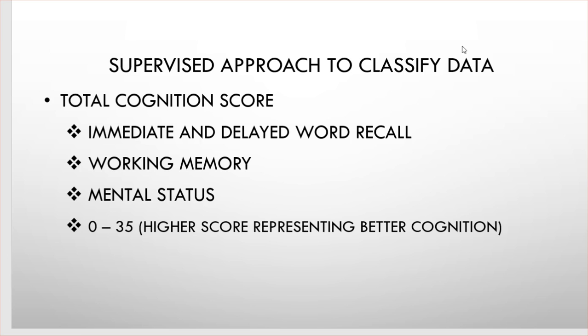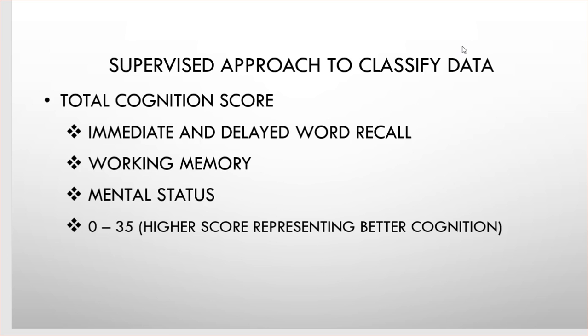Regression tree is another example of a supervised approach to classify data because we predefine the dependent variable. In this case, I use the total cognition score as my dependent variable. This is an index based on 3 elements. The first element consists of the scores for immediate and delayed word recall.